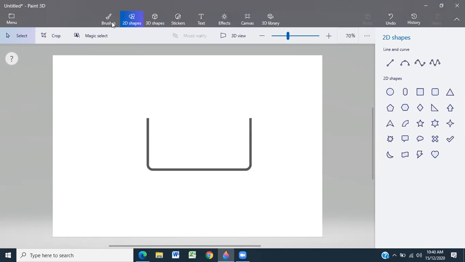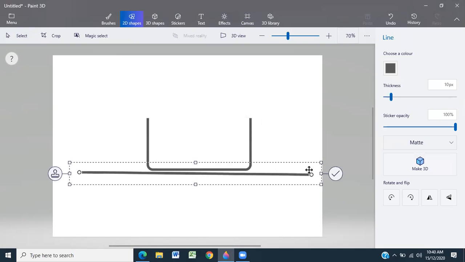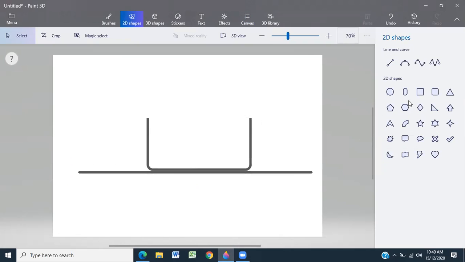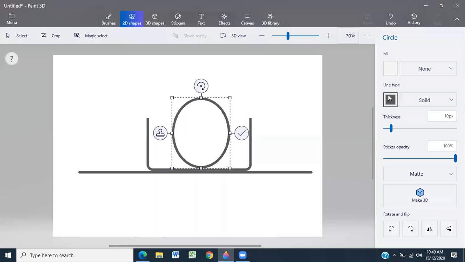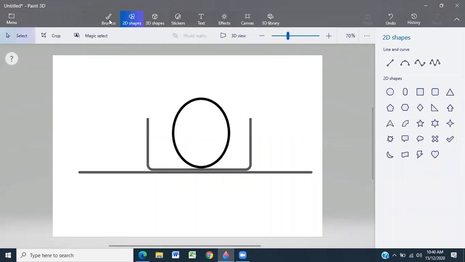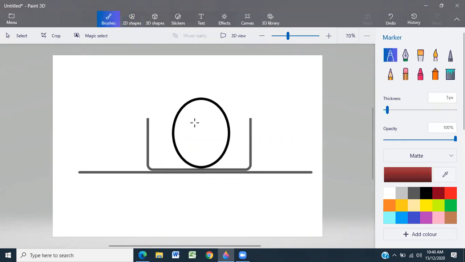Go to one side, make a tray. And let's put some mass. So this mass is 3 kg.